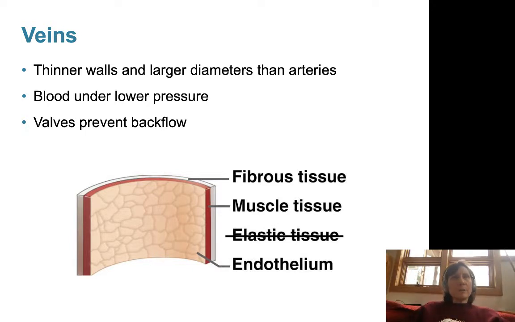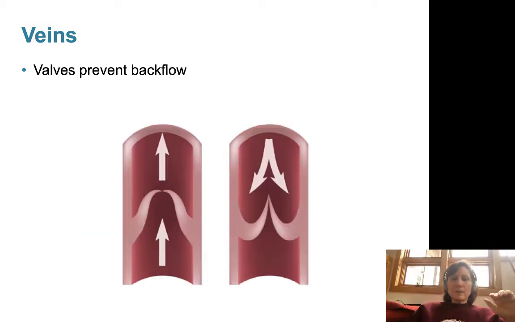But once the blood has gone through the capillary beds and is coming back towards the heart, blood pressure is low enough that you have a risk of there being backflow. So as the heart is pumping, blood can be going through the veins, backing up. To prevent that from happening, you have valves. You have little flaps of tissue in your veins that help to prevent blood from backflowing as it's moving towards the heart.